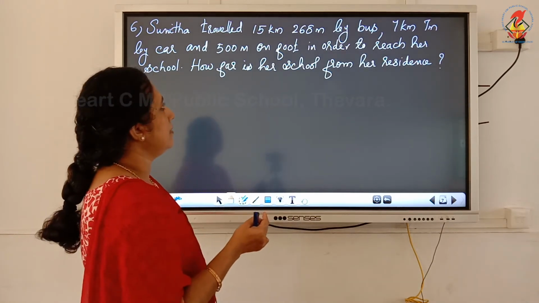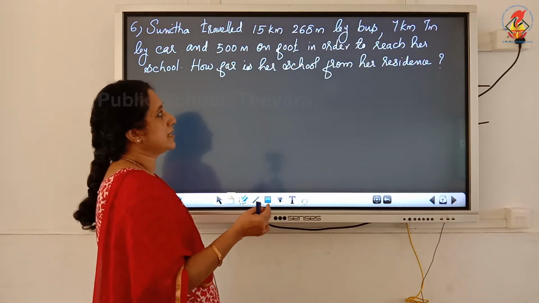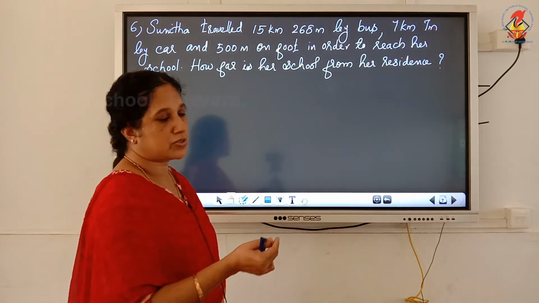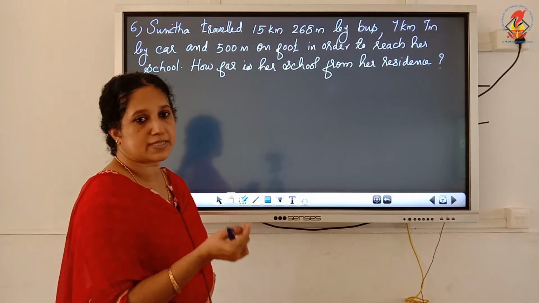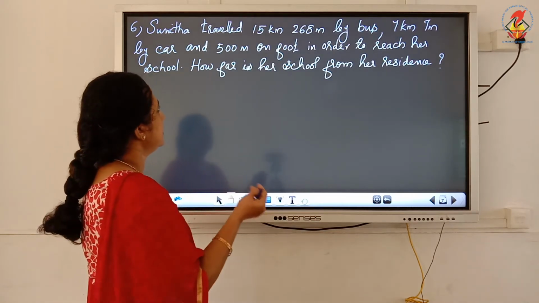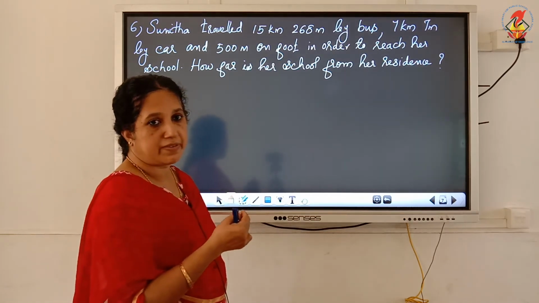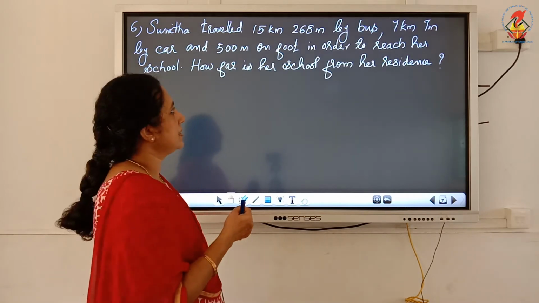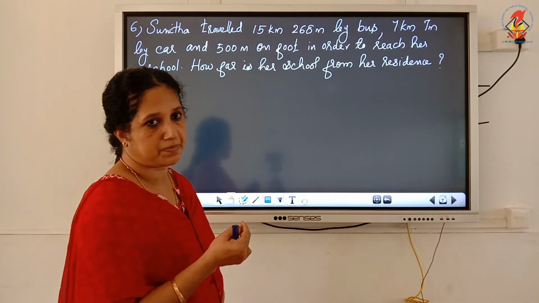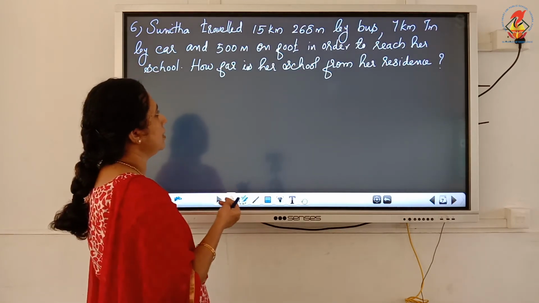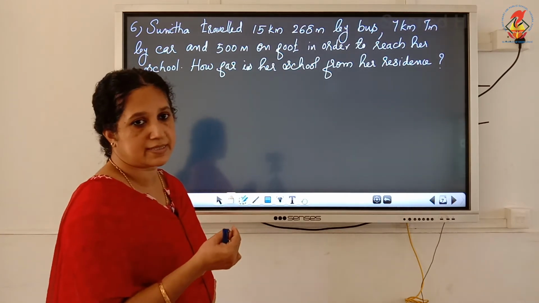Now Sunita travelled 15 kilometer 268 meter by bus. So the distance travelled by bus is 15 kilometer 268 meter. Then the distance travelled by car is 7 kilometer 7 meters. Then the distance travelled on foot is 500 meters.